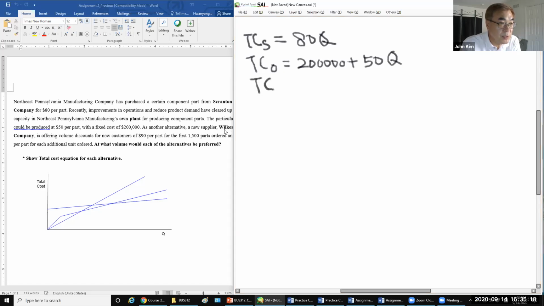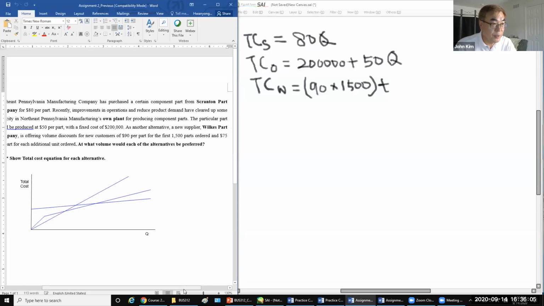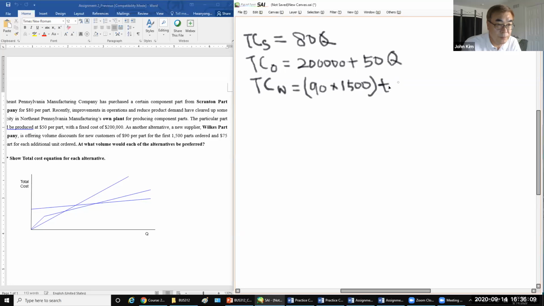Total cost, next one is Wix Part Company, so W equals: first 1,500 parts at $90, so $90 times 1,500, and then additional parts, more than 1,500, at $75 per part, so 75Q.